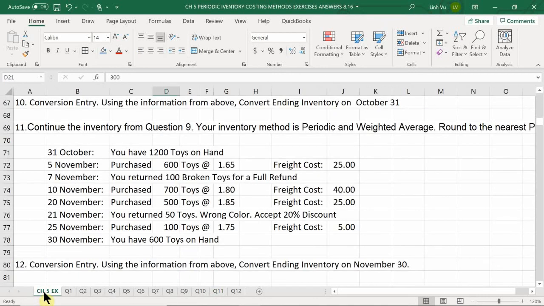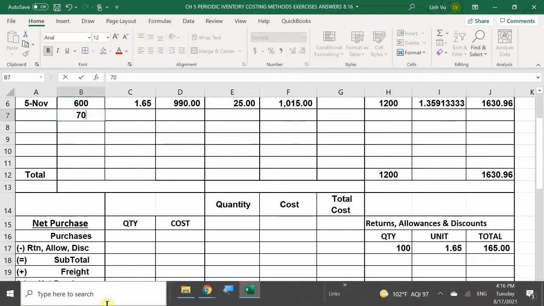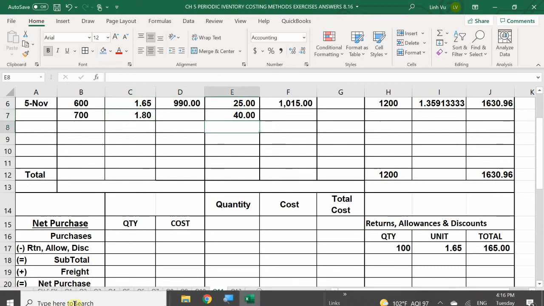Then on November 10, you purchased 700 units at $1.80 with a freight cost of $40. So 700 at $1.80, with a freight cost of $40.